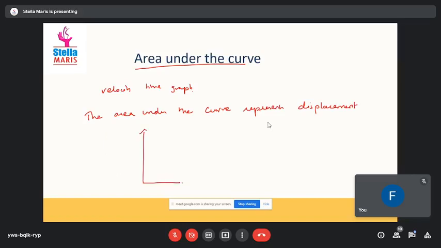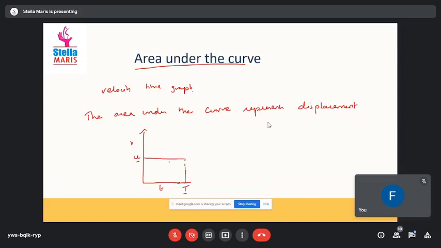In the VT graph, let's say it is moving with velocity u. So it is a straight line parallel to the time axis. Am I right? It starts from 0 till t. So it is moving with velocity u till time t.